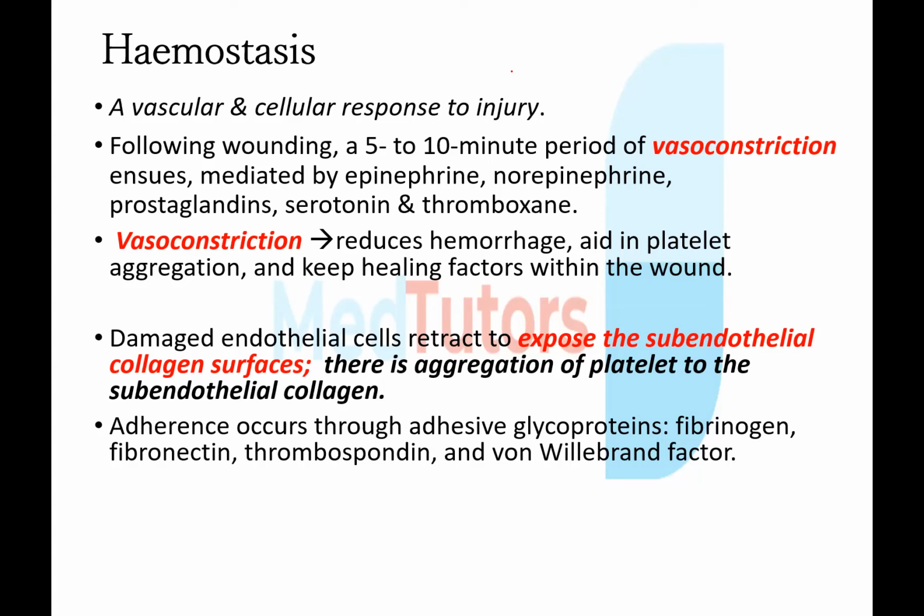Now, initially, after injury, there is a normal vascular and cellular response to injury. The vascular response is vasoconstriction, and this vasoconstriction lasts for about 5 to 10 minutes. When this ensues, it's mediated by epinephrine, norepinephrine, prostaglandin, serotonin, and thromboxane.